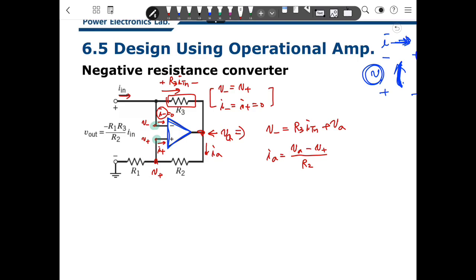And also, because I positive is 0, therefore I_A goes through here. So I_A also equals V positive divided by R1. And R1 is the same with V positive and V negative. So V negative over R1.